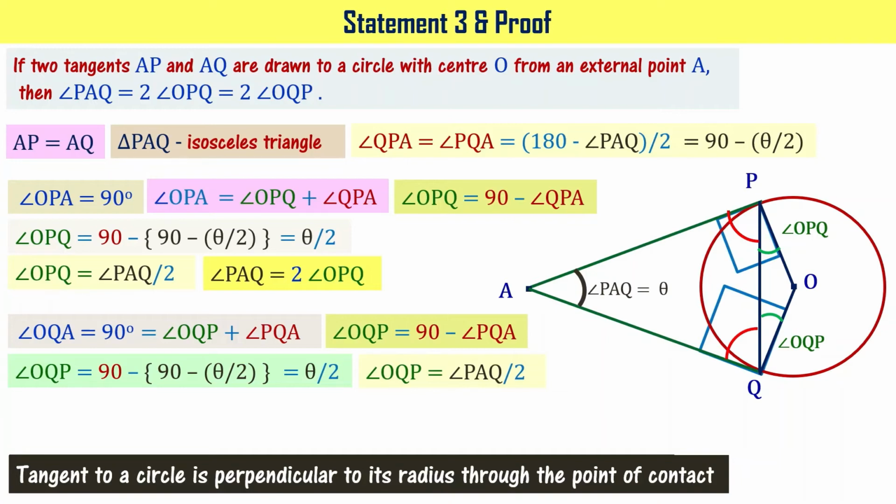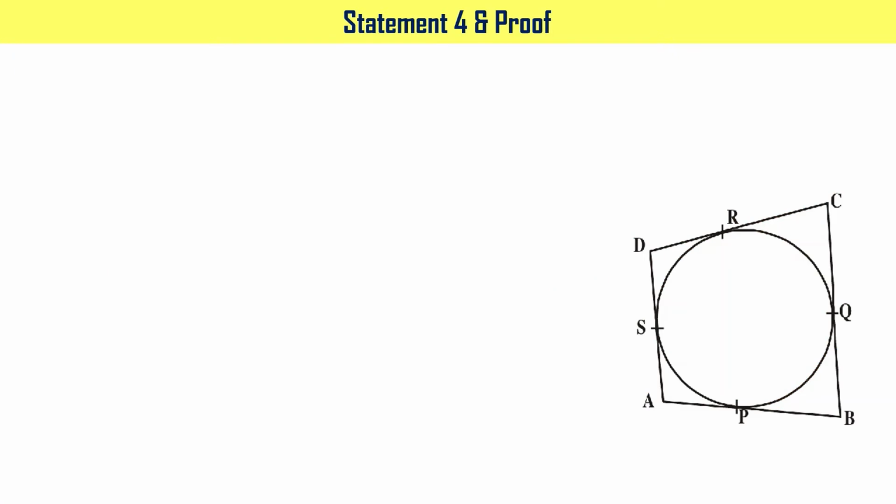Let me rearrange this such that I can write it as angle PAQ equals 2 times angle OQP. That is equal to 2 times angle OPQ, right? This is what we are asked to show as part of the statement, right? Let's go to the next statement.